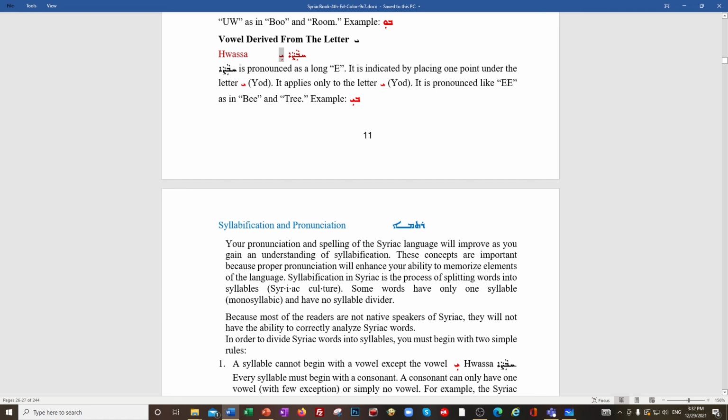Hwasa is pronounced as a long e. It is indicated by placing one point under the letter yoth. It applies only to the letter yoth. That's why it's derived from the letter yoth. It is pronounced like e or ee, as in bee or tree. Example, I have the Beth, b, and it has the vowel hwasa, so b.